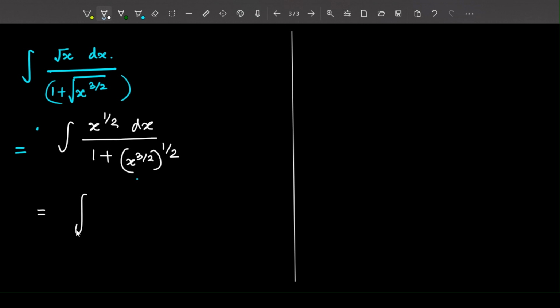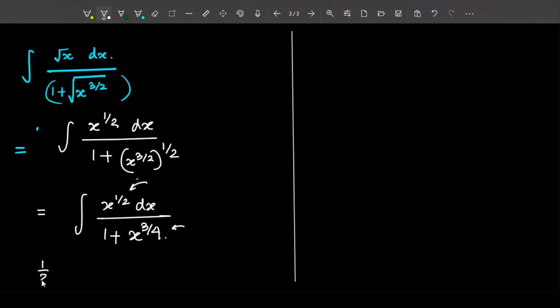So this can further be written as x power half dx, the whole divided by 1 plus x power 3 by 4. So to start with this, I thought we'll find a common factor between power half and this power 3 by 4.